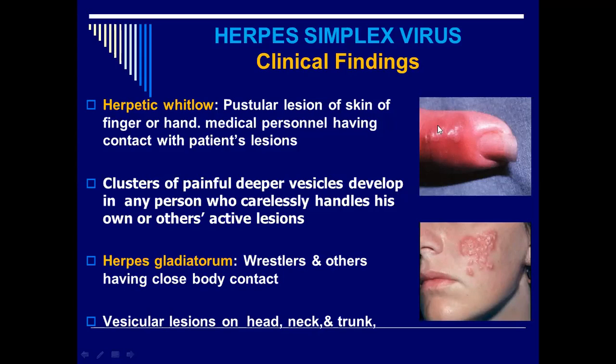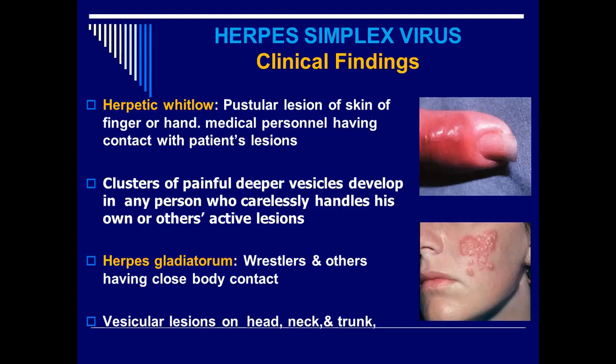There is a cluster of painful deep vesicles. They can develop in any person who carelessly handles his own active lesions. So you can have it yourself. If you have lesions and you carelessly touch your active lesions, which have the virus inside, you can get the infection.